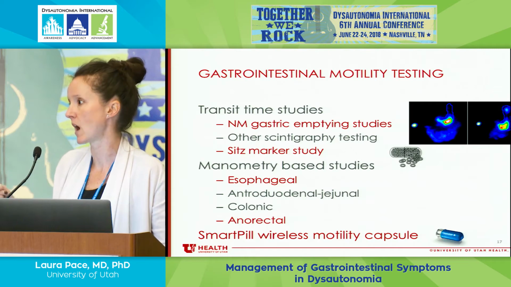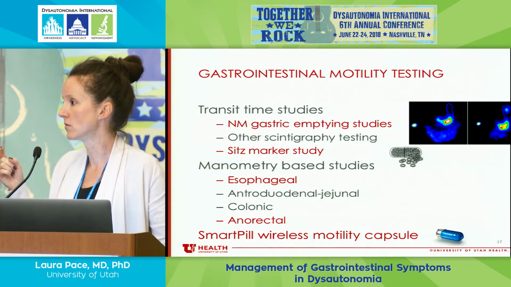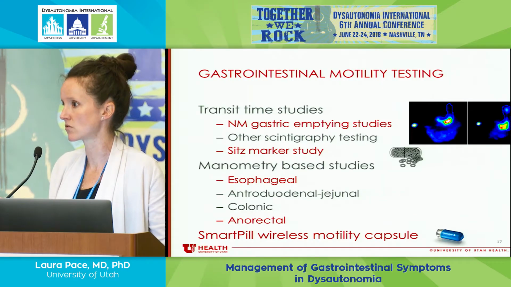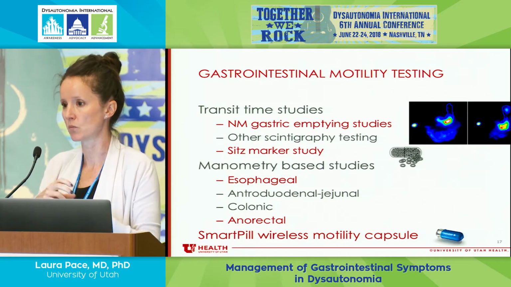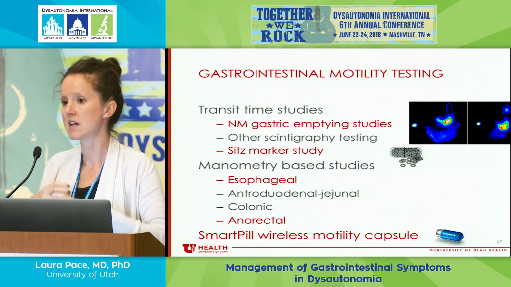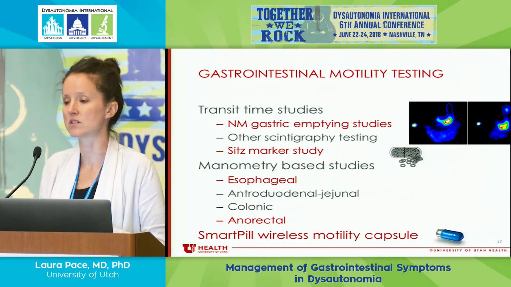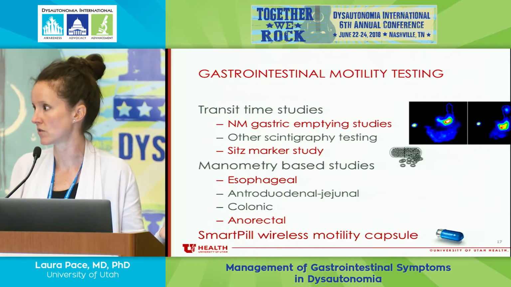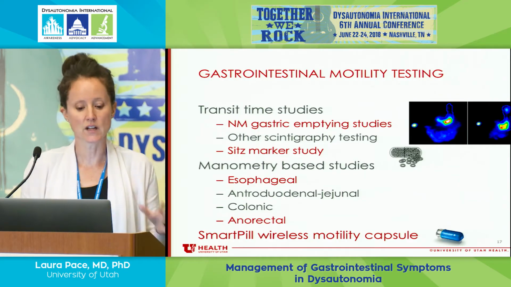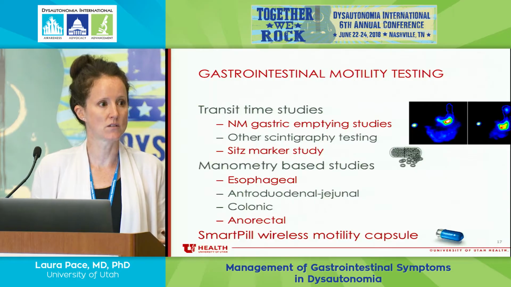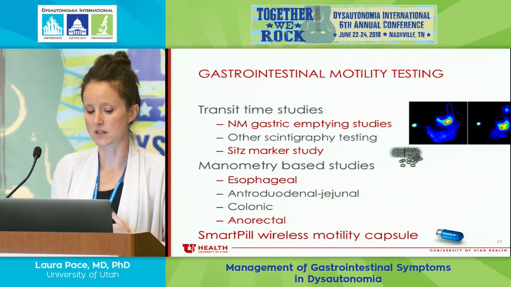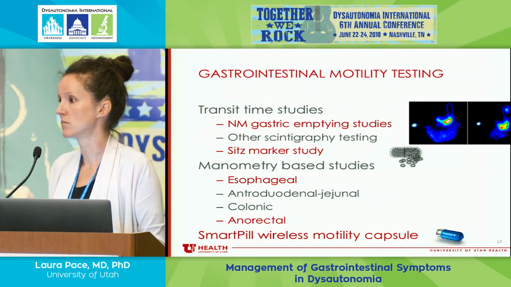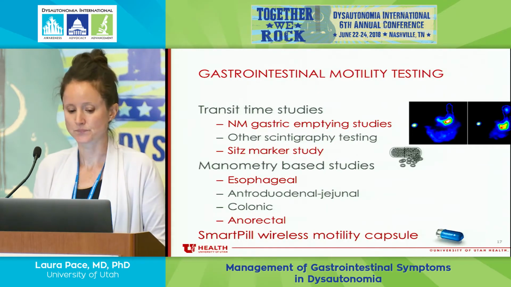This is a manometry test that can measure the muscle strength and coordination starting at the end of your stomach, the antrum, through your duodenum, which is the first part of your small intestine, and into your jejunum. So it's looking at this coordinated movement through that region of your gastrointestinal tract. And there's a lot of disorders there, especially in individuals who have difficulty with eating. And then colonic manometry specifically looks at the motility within the colon.